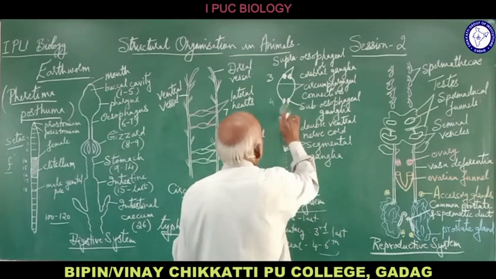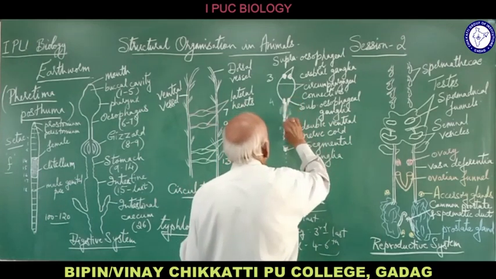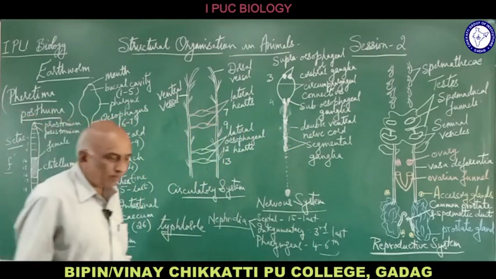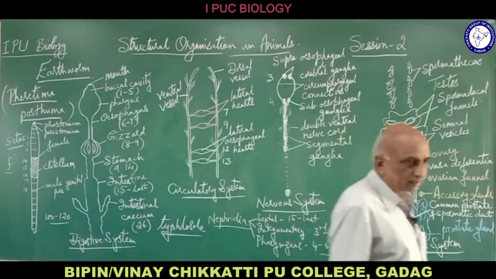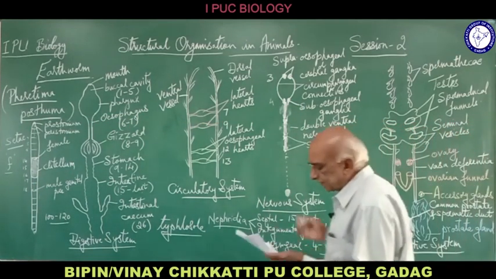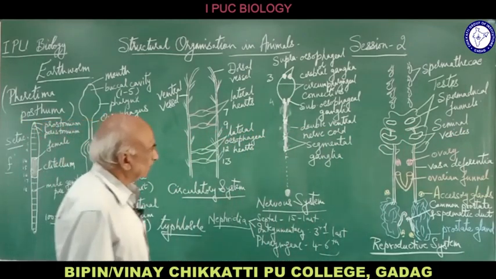This nerve cord connects from one ganglion to another ganglia like this. A double ventral nerve cord we find in cockroach actually. So in earthworm there is a single nerve cord which is a long thread-like double layered structure actually.